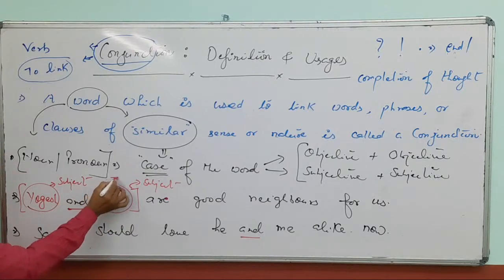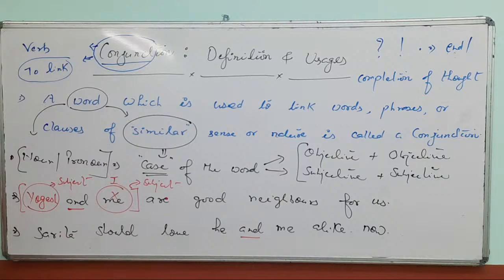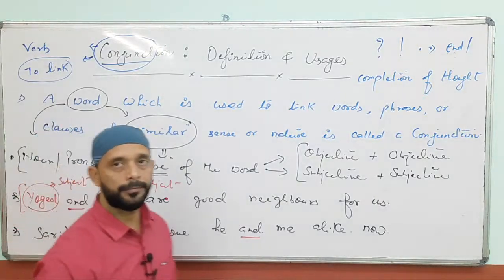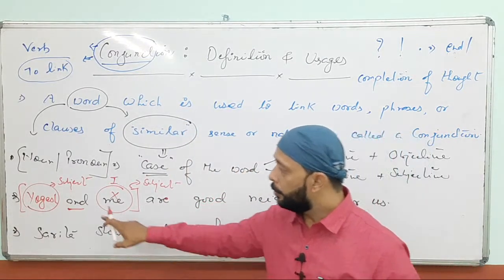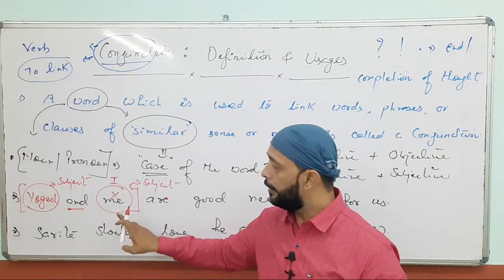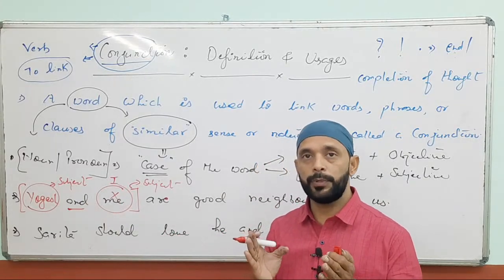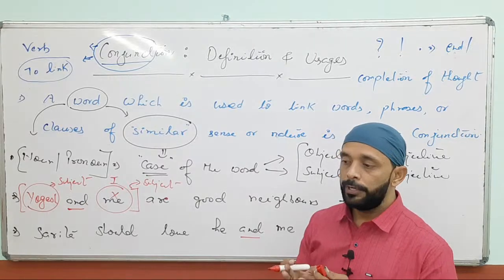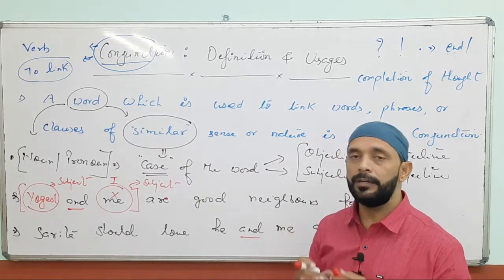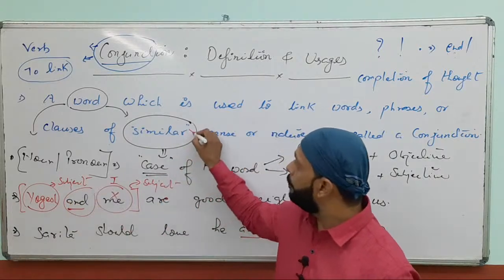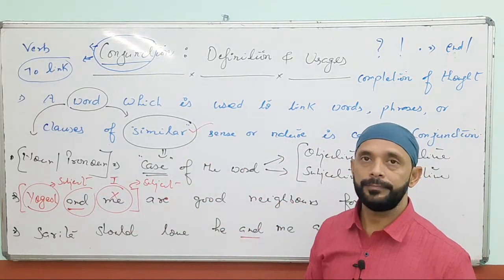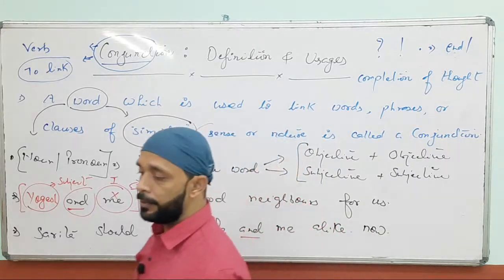So here will be I. So simply you will find Yogesh and I. Now this is similar. Yogesh is subjective, I is subjective, and two subjective nouns or pronouns are linked by and. This is the meaning of similar.